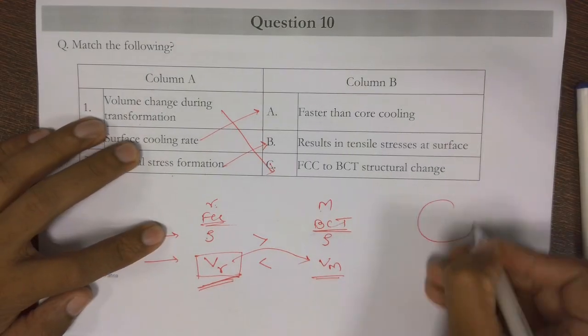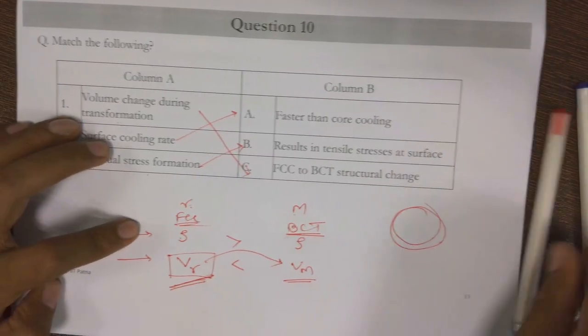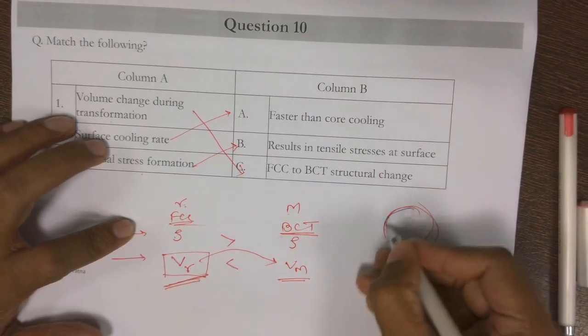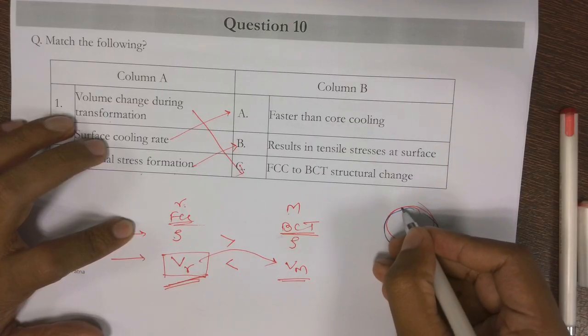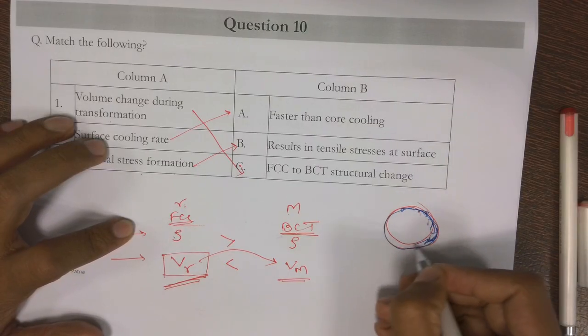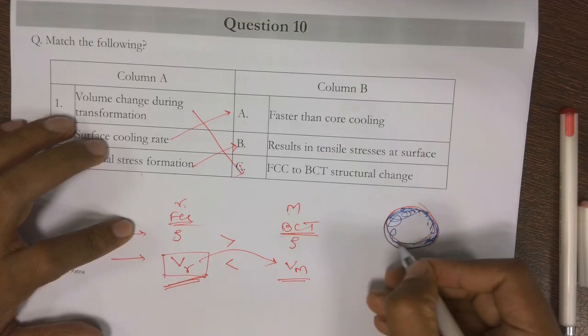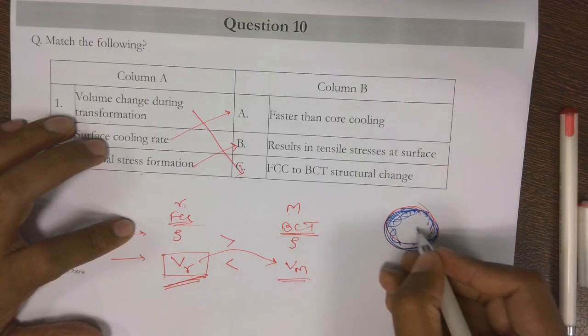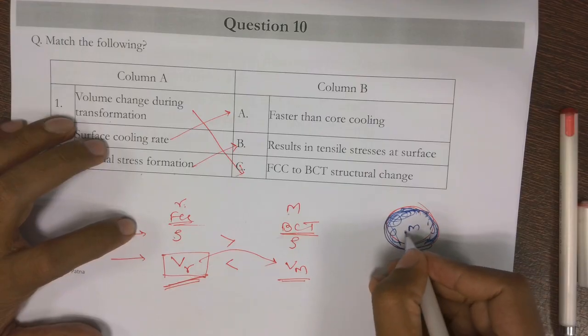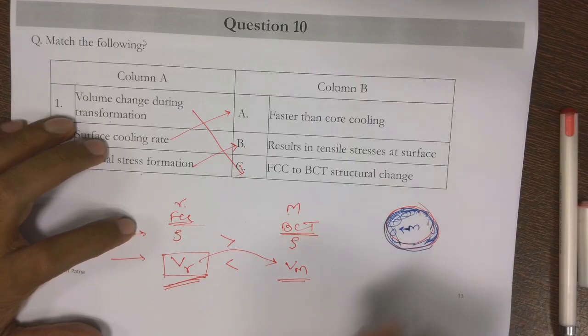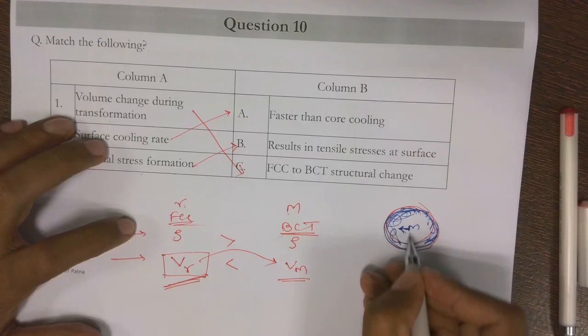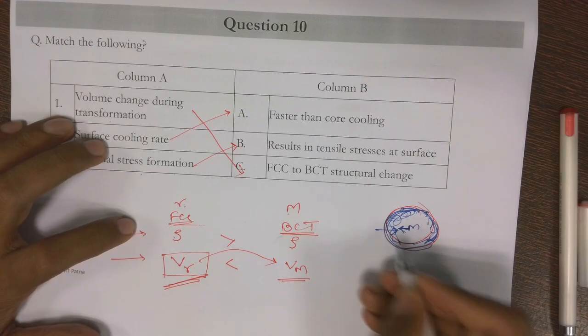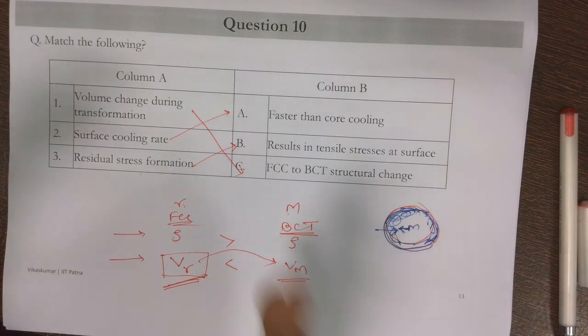Right. Like if the outer layer is martensite, now inside the martensite also starts to form. So it's trying to increase the volume. It's pushing, but then again it's getting held back. So it's stuck.